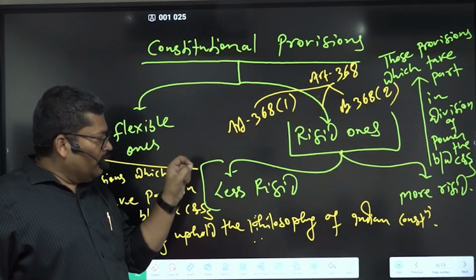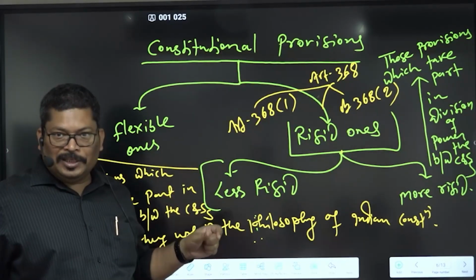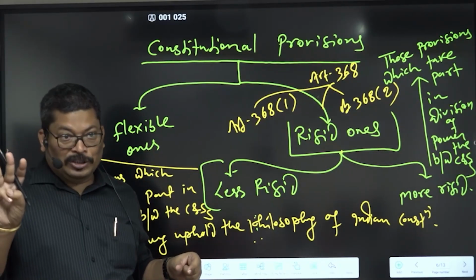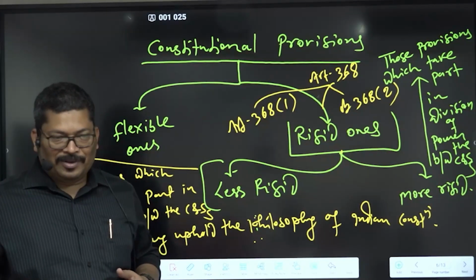But when we try to enter into deeper, we simply find that we basically have three sets of constitutional provisions when it comes to constitutional amendment. Okay.